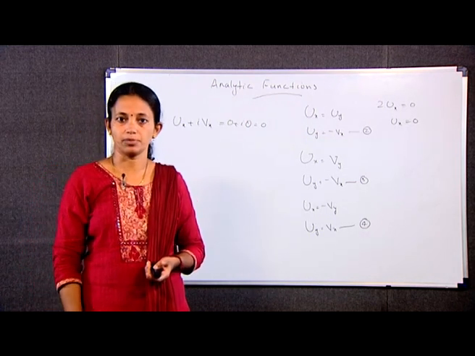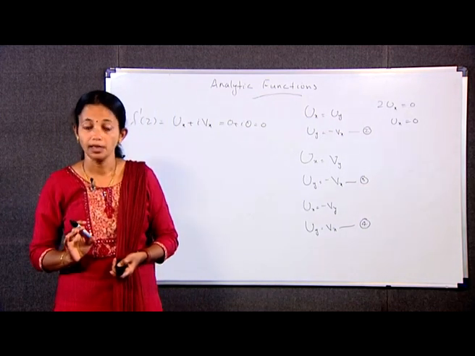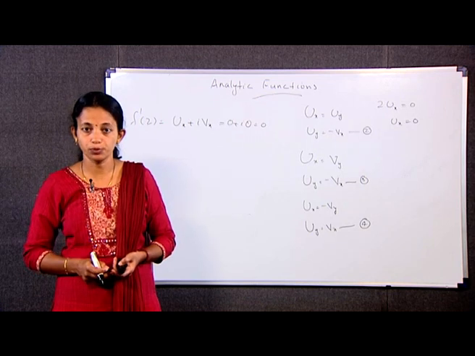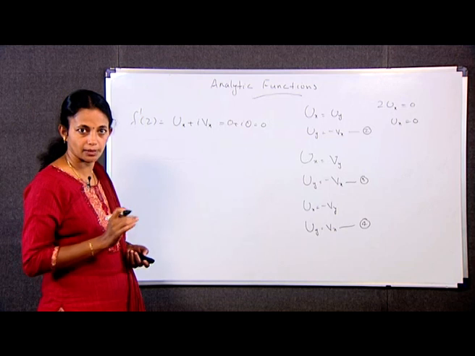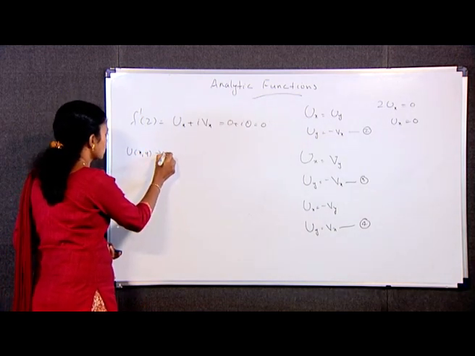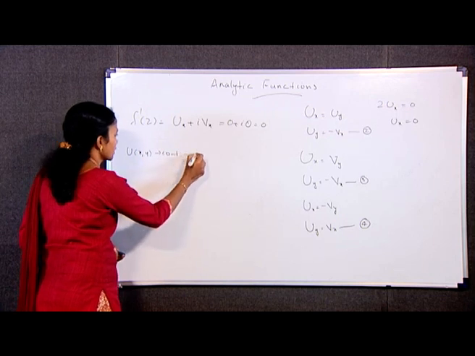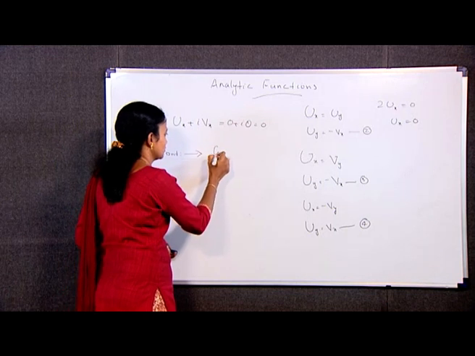Next, we have an example. If f(z) is equal to u(x,y) plus i v(x,y), as usual, is an analytic function, then prove the following. First, u(x,y) is a constant implies that f(z) is a constant.